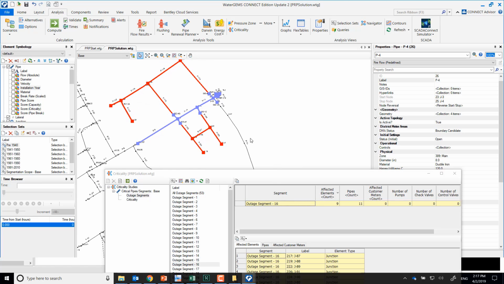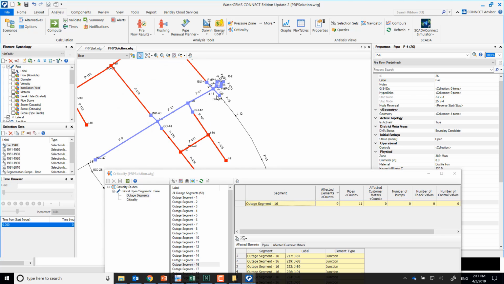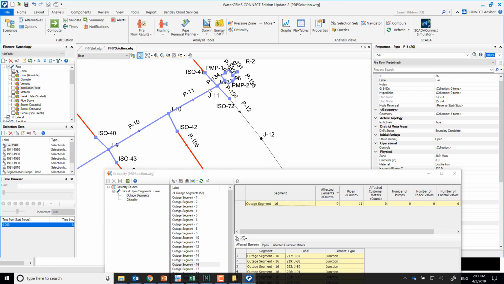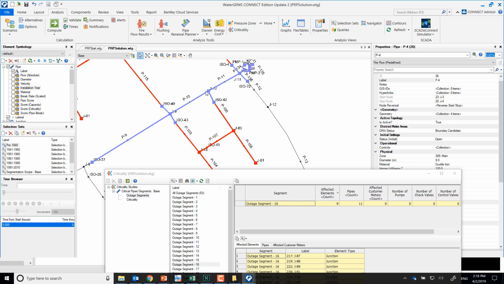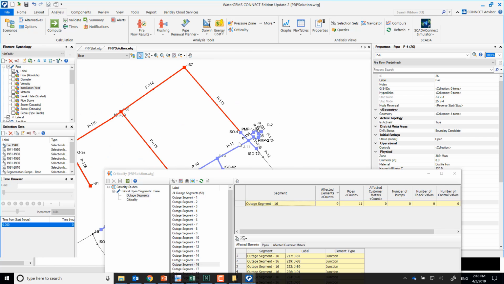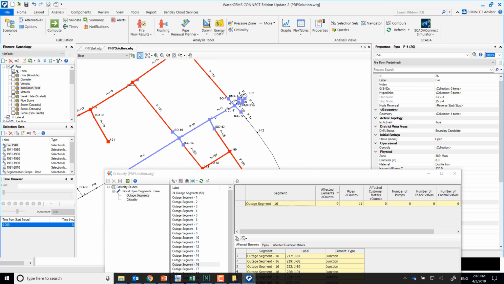Okay. And again, to solve it here, you could maybe add an additional valve here at this location, so that if something happened to any of these pipes downstream of it, you could simply close there and maybe have a way to still deliver water to other people while you make those repairs.